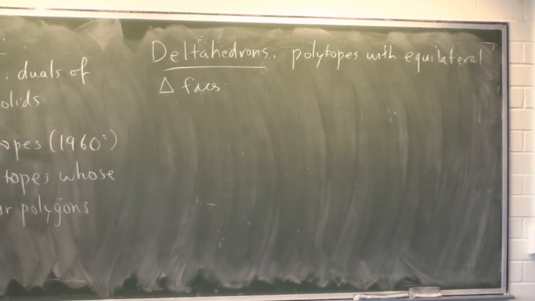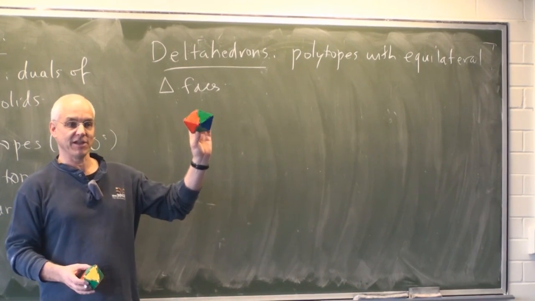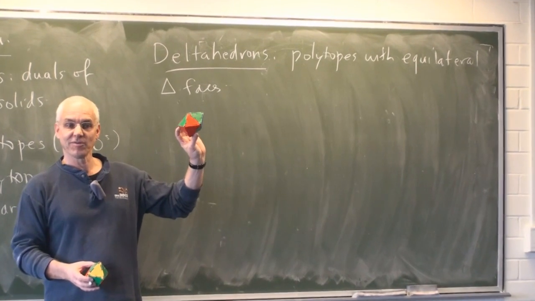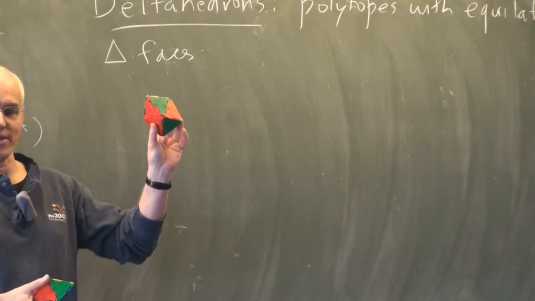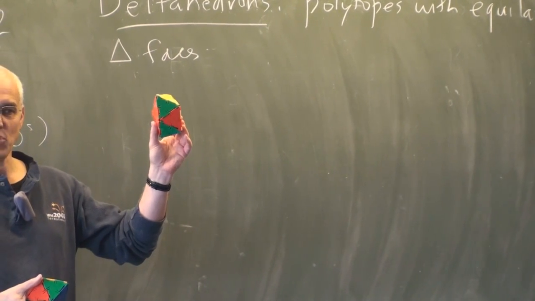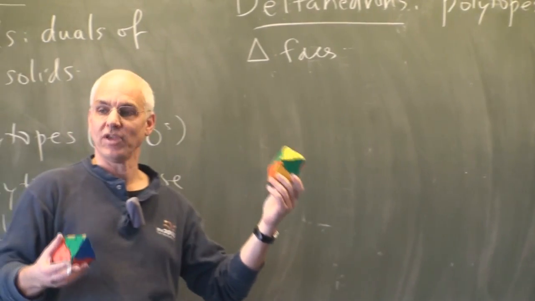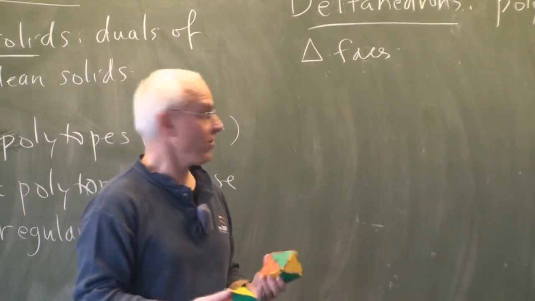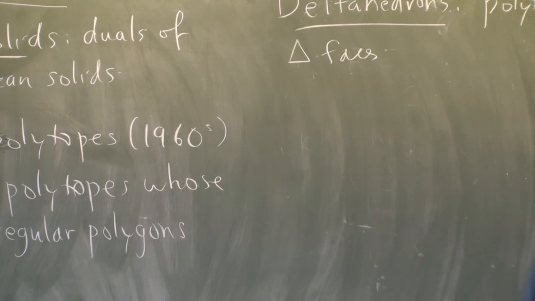I've brought a few along. That's a deltahedron with 14 sides, and that's one with 12 sides. You already know some. You know that the tetrahedron and the octahedron and the icosahedron are deltahedrons, but there are others. And what's particularly interesting are the convex ones.